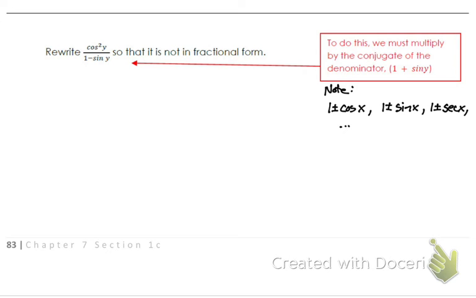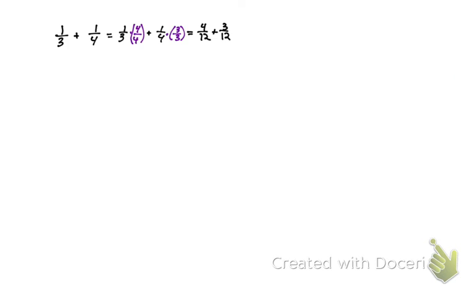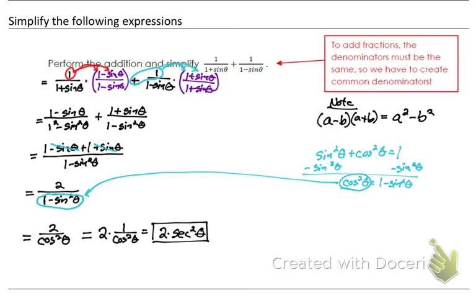Basically, if you have 1 plus or minus any one of our trig functions that isn't squared, here's a trick to make it into something squared, and that is multiplying by the conjugate. The conjugate is just like creating a difference of squares.